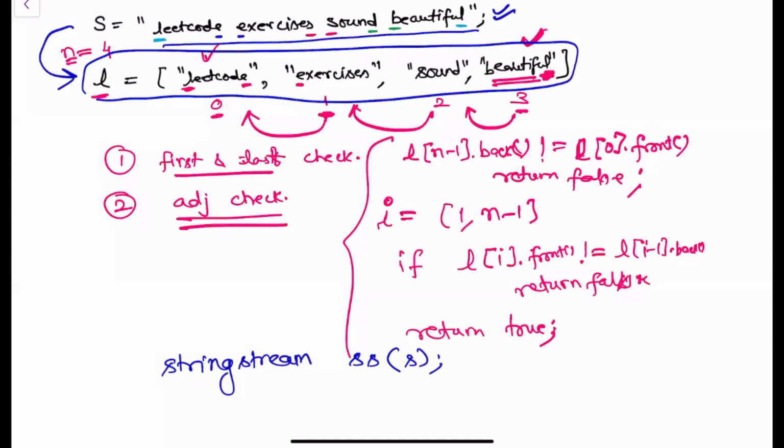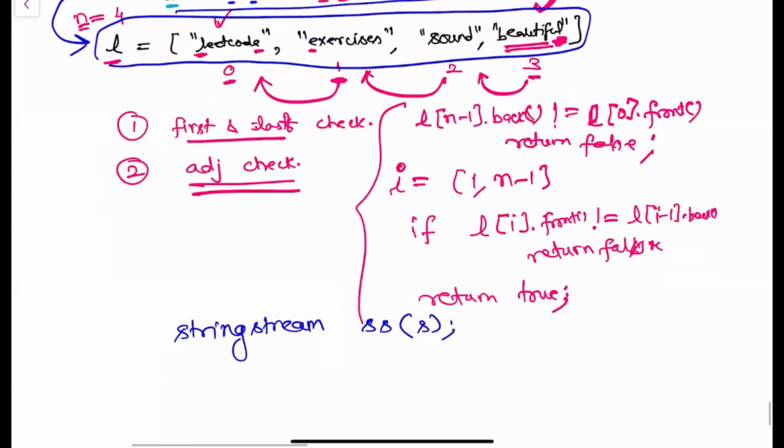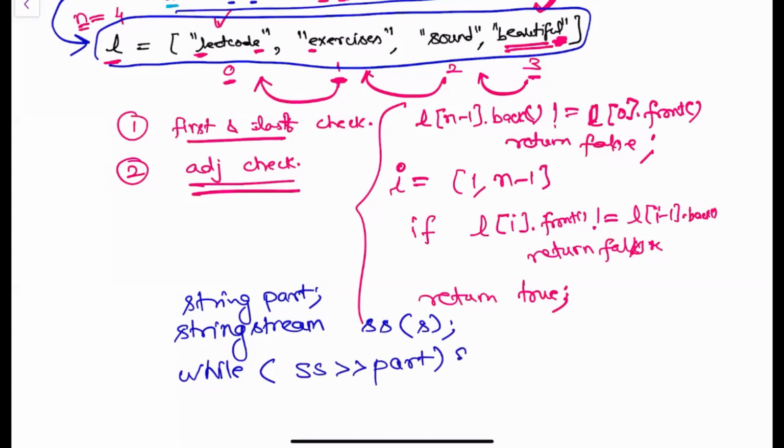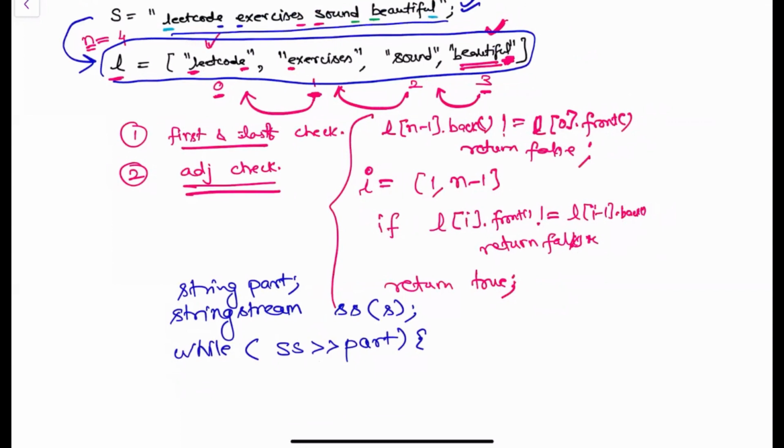After that, the way you get every word is to write a while loop. Take another string, let's say part, and say while ss of part, like with cin. While this is true, that means while there is any other part left, we take a vector of strings v and add every part to it with v dot push_back of part.